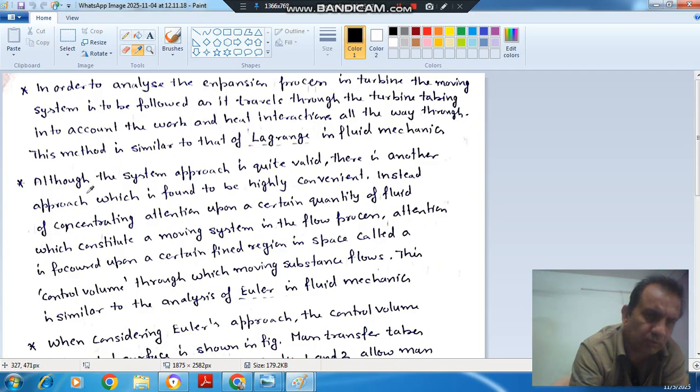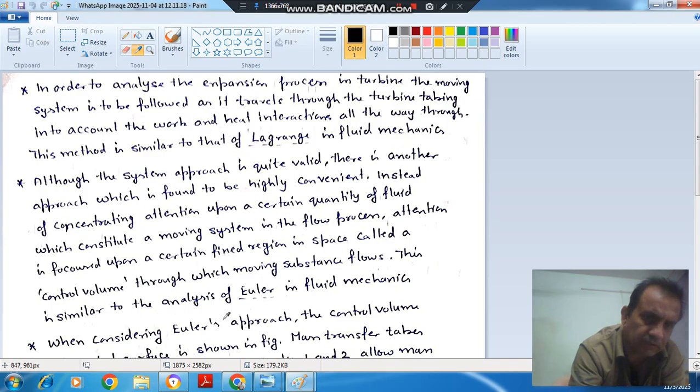And the second approach is Euler's approach. Although the system approach is quite valid, there is another approach which is found to be highly convenient. Instead of concentrating attention on a certain quantity of fluid which constitutes a moving system in the flow process, attention is focused upon a fixed region in space called a control volume, through which the moving substance flows.